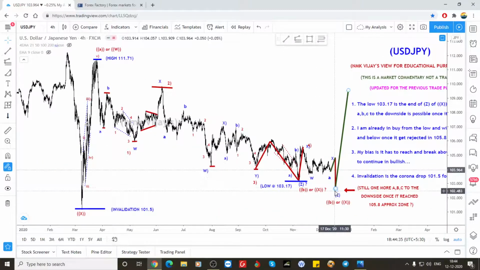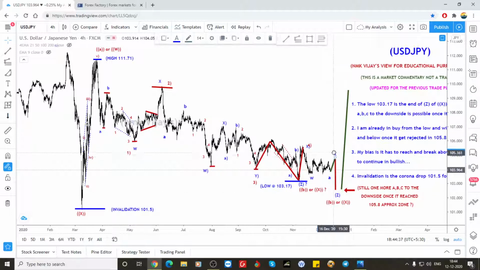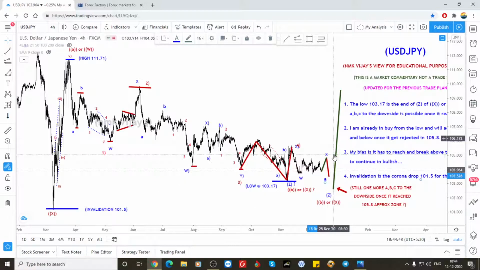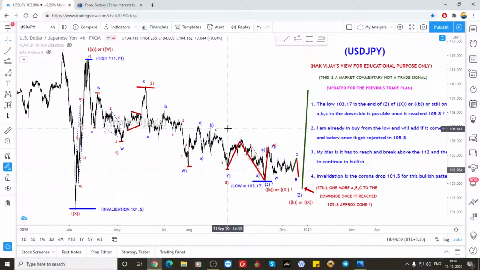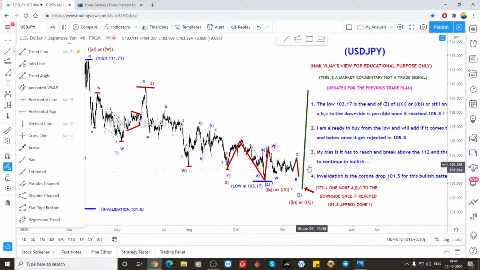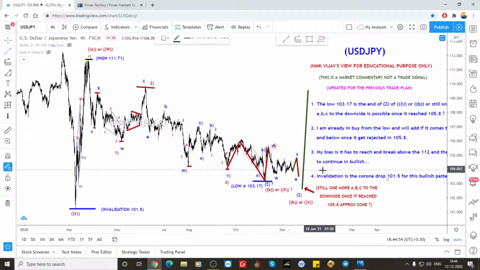After that, here it's an X, ABC is an X, here one more, B and C. So this could be red.